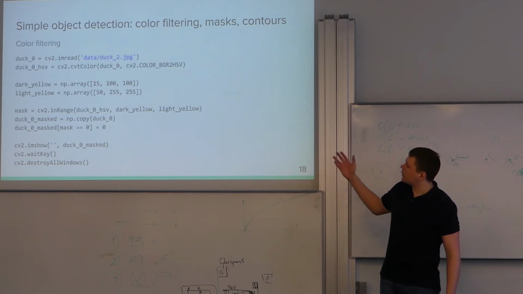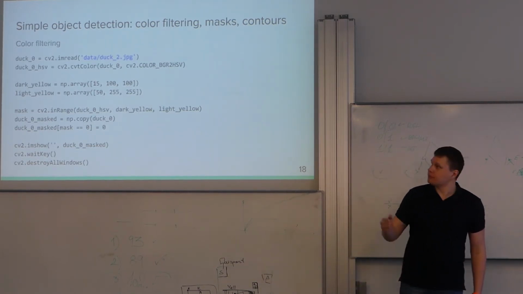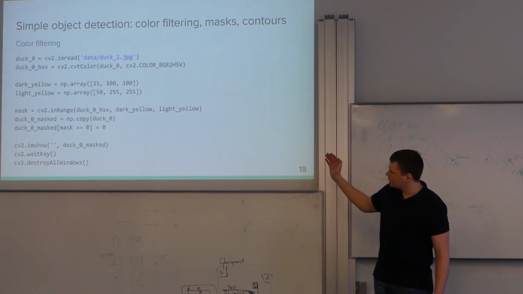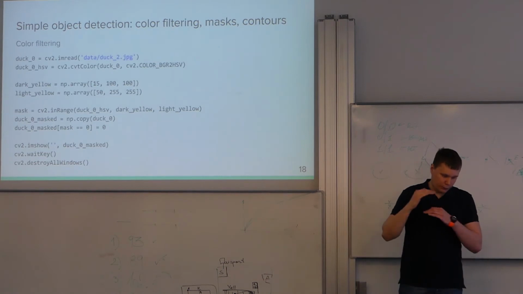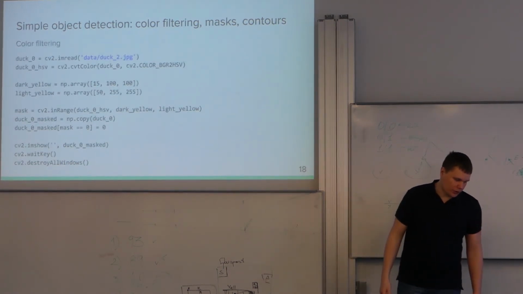So we can convert our image to HSV format, set dark yellow and light yellow borders, and call the cv2 inRange function.